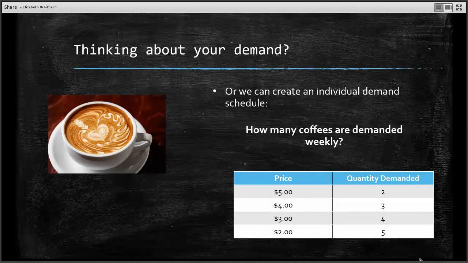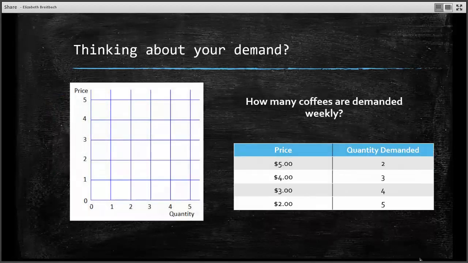As we start to lower the price, the quantity of coffee that I demand starts to increase, right? I'm getting a better deal, and so I'm willing to consume more coffee. And also, as I start to consume more coffee, my willingness to pay starts to fall. Both of those are taken into account when we look at this demand schedule. So as the price of coffee decreases, the quantity demanded is going to increase.